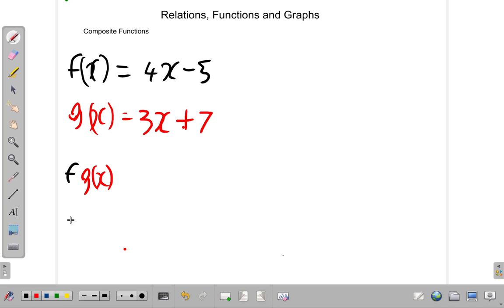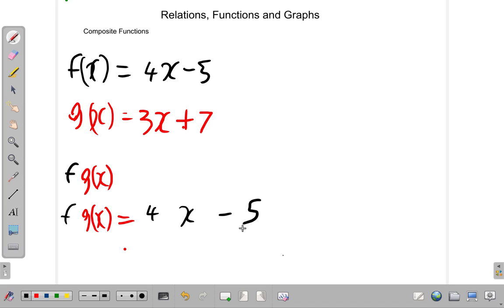Now f g of x in this case is going to be a combination of f of x and g of x. Now we write down f of x, which is 4x minus 5. Let me leave some space between them.